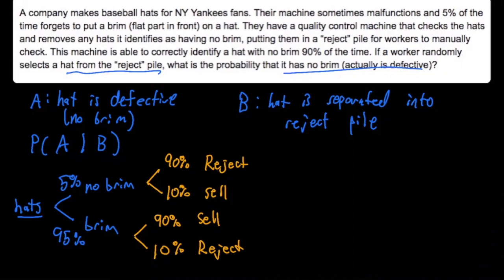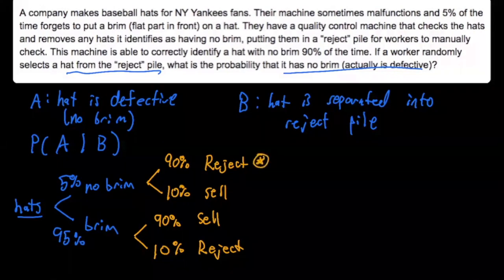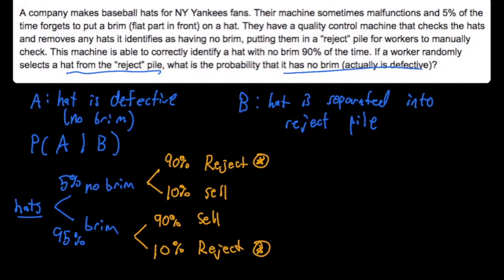So here what we could do is look at our two events that end up with the reject pile. And we could calculate what percentage of the hats overall end up in that pile. We can do this by multiplying our events. So we could take our 5%, multiply it by 90% to find what percentage of all of the hats end up in the reject pile, given that it has no brim.